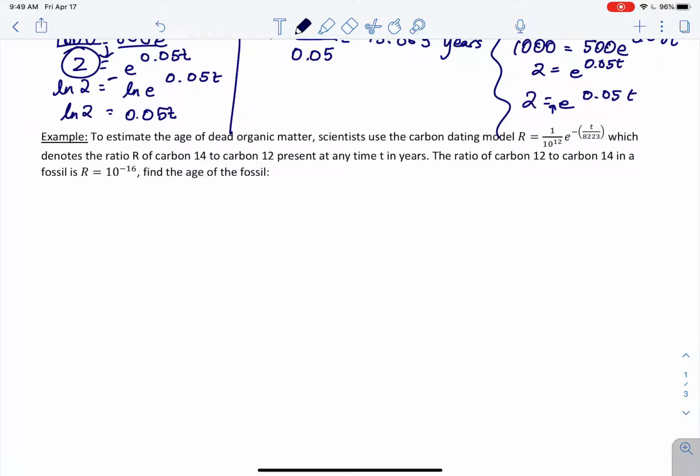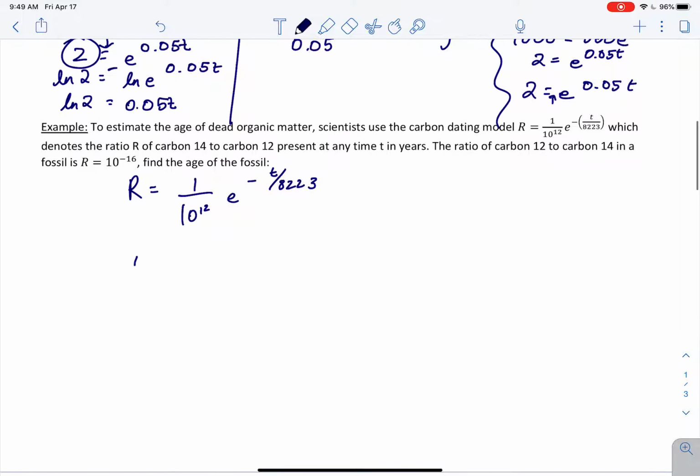So in this case, the ratio is 10 to the negative 16. We want to know what the age of the fossil is. So we know this model is given to us. And we know that r is 10 to the negative 16.